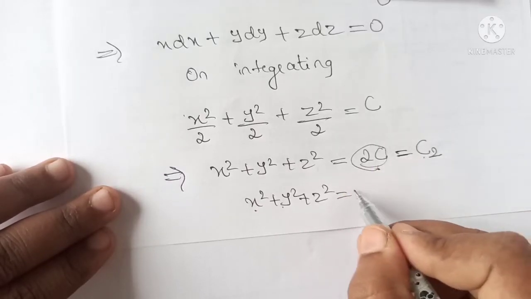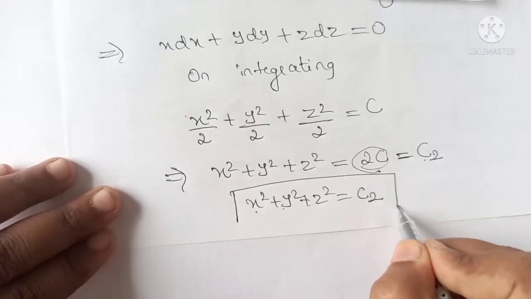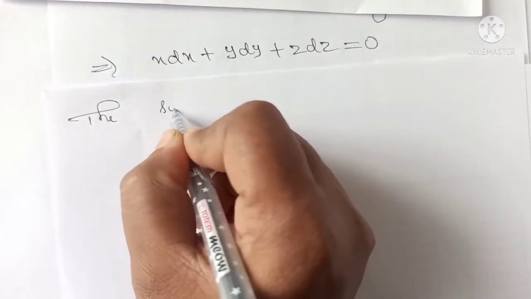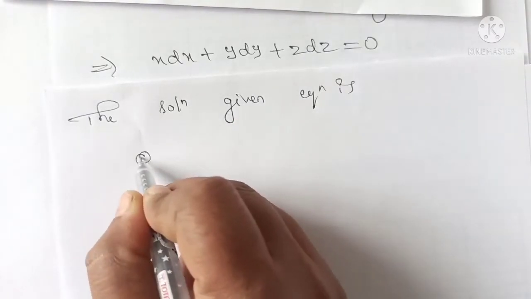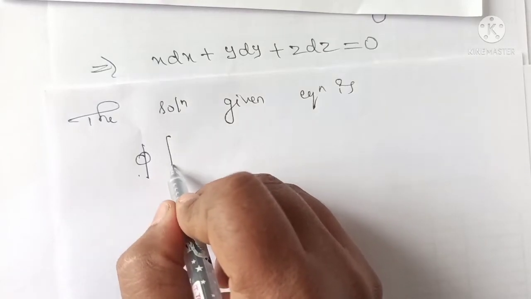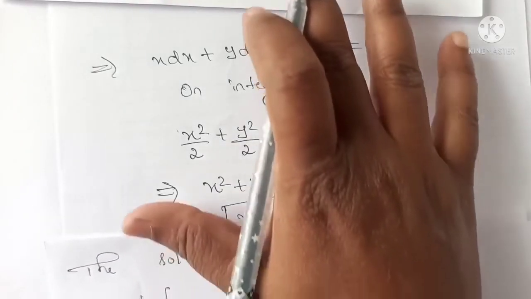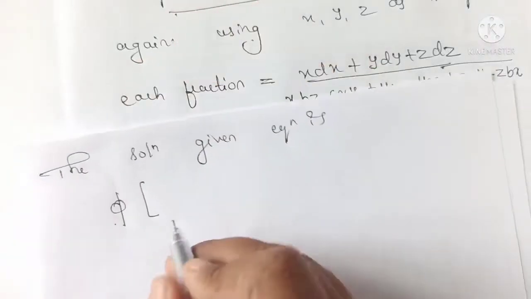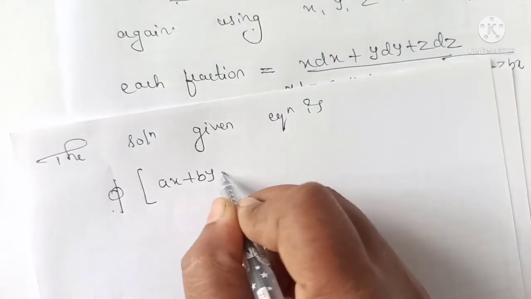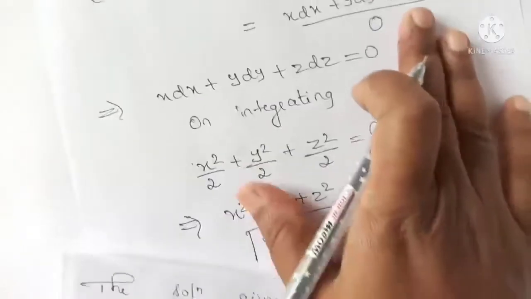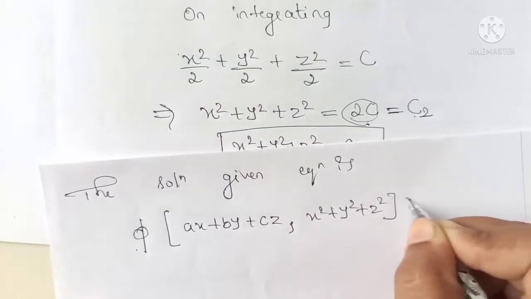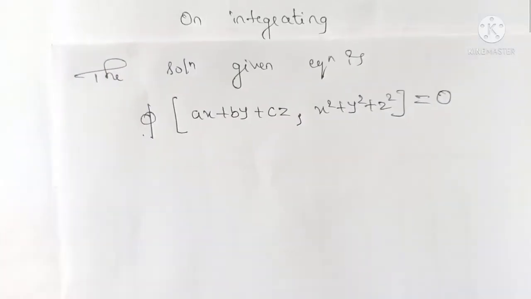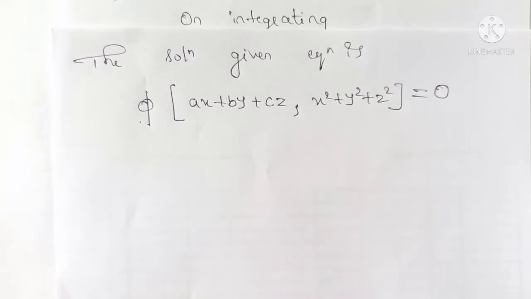Thus the solution of the given equation is phi of (ax plus by plus cz, comma, x square plus y square plus z square) equals 0. This is the solution of the given equation.